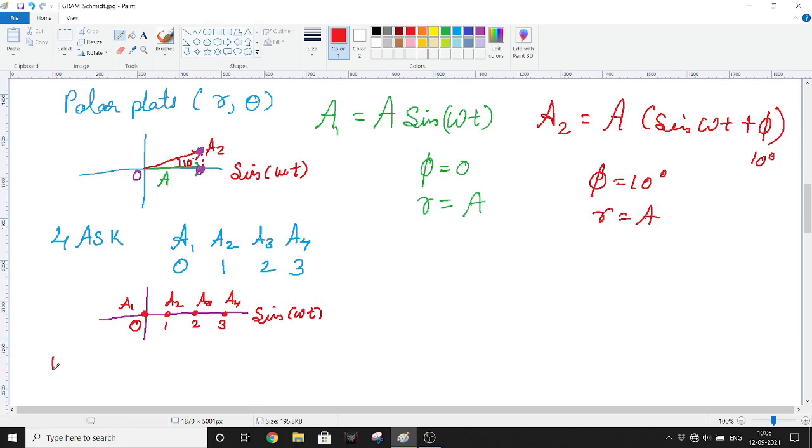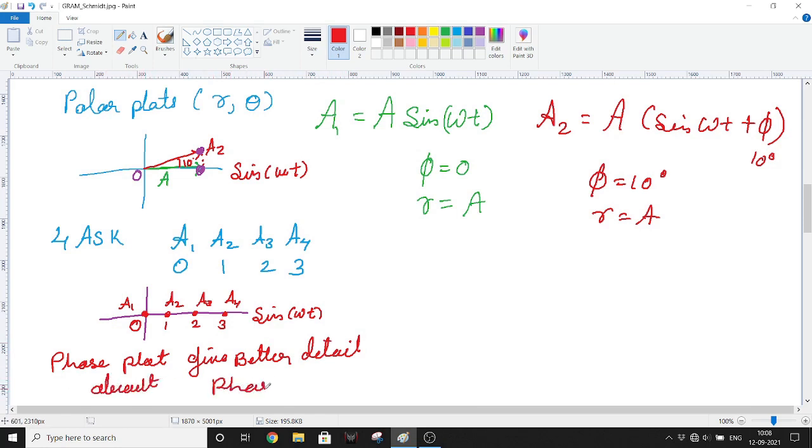So this phasor plot gives a better detail about phase and amplitude of the signal.